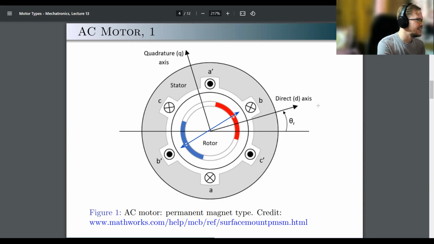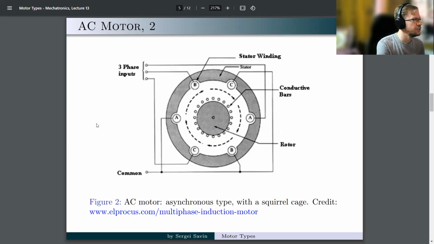And lastly, and that is the most popular type that you would find everywhere where you look at the AC motors, is a motor of asynchronous type with a squirrel cage.